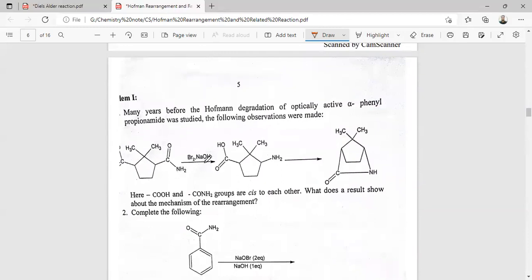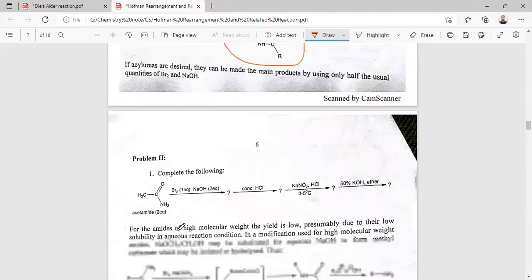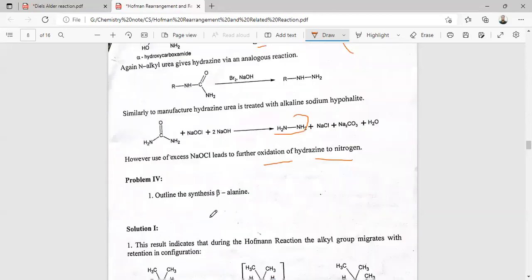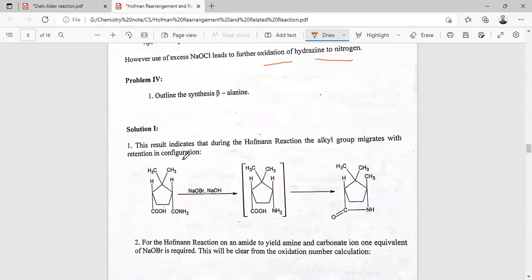So this reaction forms this amine, which reacts to form this one. So here the COOH and CONH2 groups switch to each other. What does this result show about the mechanism of the reagent? So this result indicates that during the Hofmann reaction, the alkyl group migrates with retention of configuration.